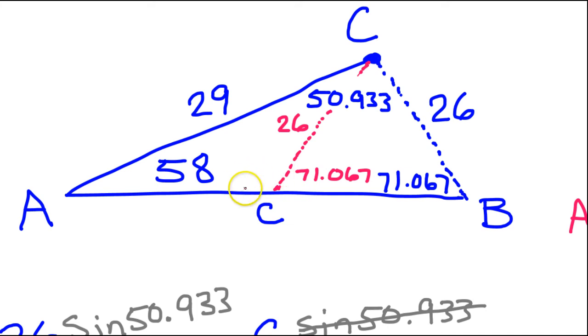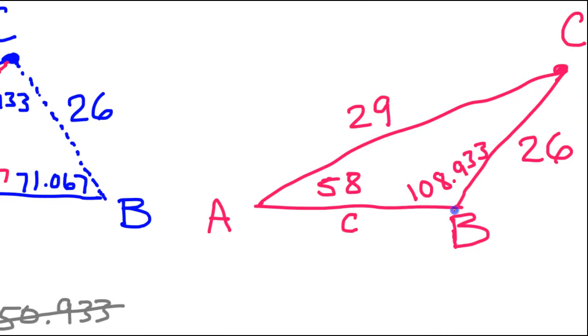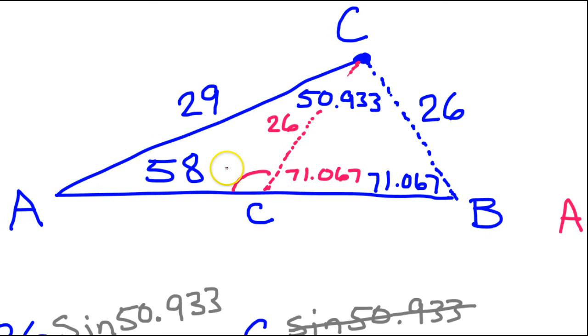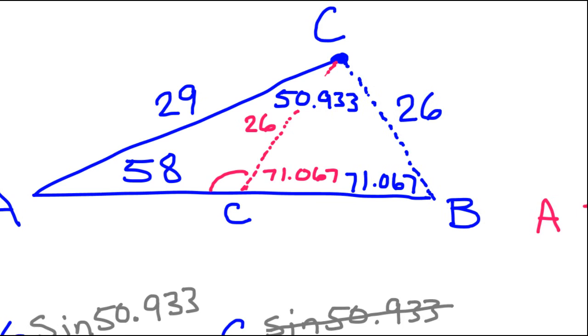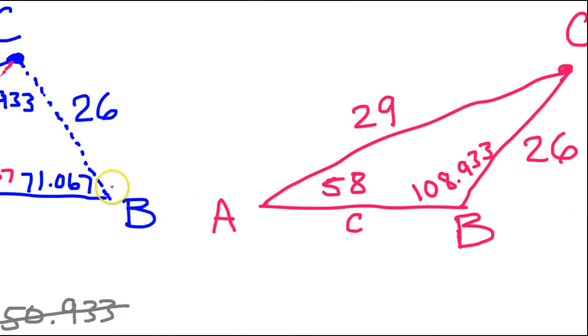Now this angle over here is the angle that we are looking for now. Alright, the obtuse angle B is this right here. And so of course now these two angles are going to be supplementary because of the way they form a straight angle. Alright, so this angle can be found by subtracting 71.067 from 180. And that is the reason why we can subtract the acute angle from 180 in order to find the obtuse angle.